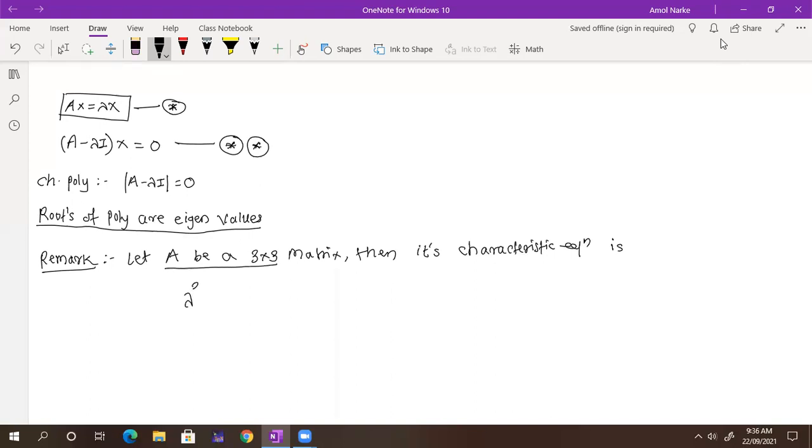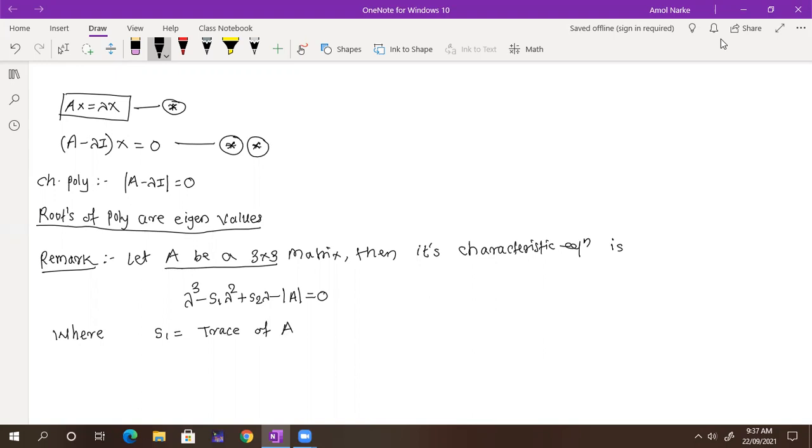Lambda cube, lambda is nothing but your eigenvalue. So lambda cube, we have initially plus sign, then minus S1 lambda square plus S2 lambda, again minus determinant of A, which is equal to 0, where S1 is nothing but trace of A. What is trace of A?